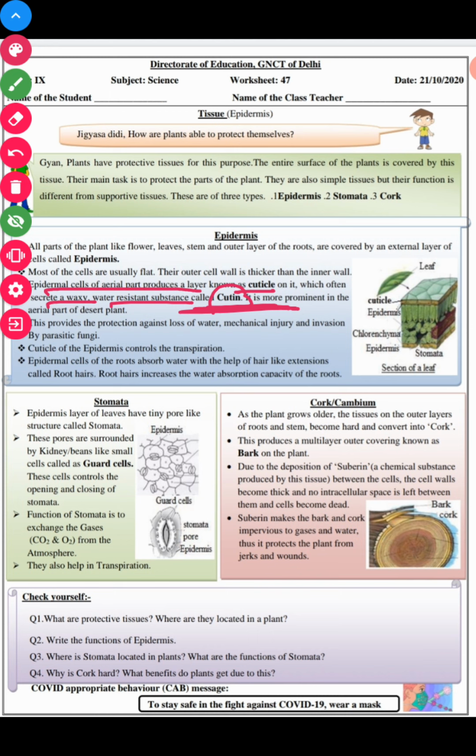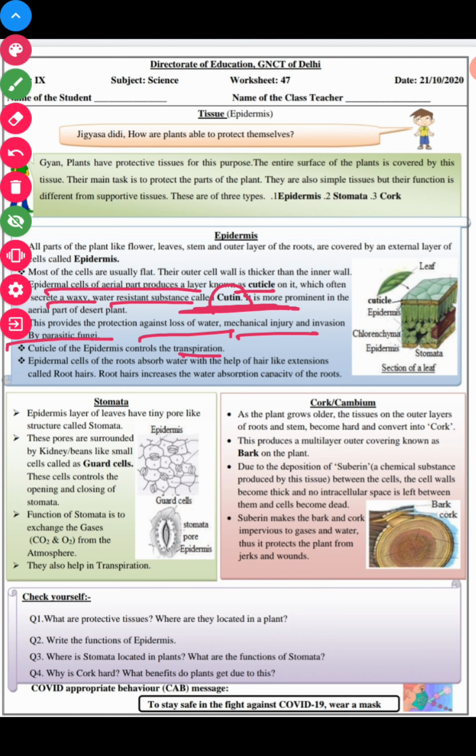So this provides protection against the loss of water, mechanical injury, and invasion by parasitic fungus. It protects from all three. The cuticle of the epidermis controls transpiration.